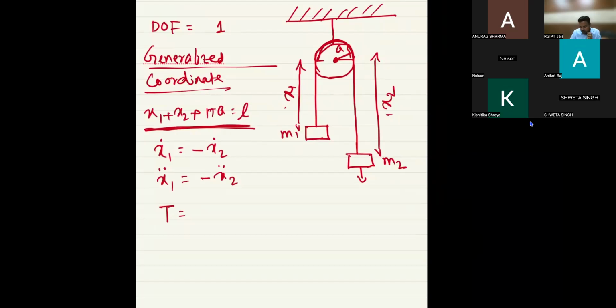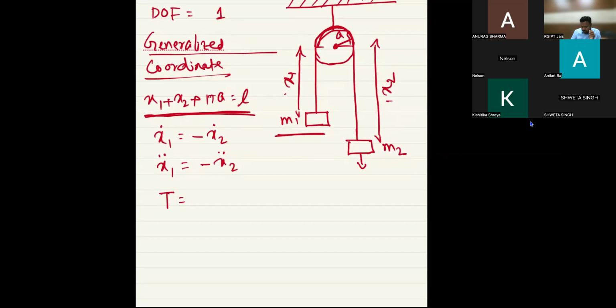So what is the velocity for the mass m1? I need some response. Sir, since they are connected with the same string, the total kinetic energy will be half m1 plus m2 times x dot square. Yes, for the mass m1, the kinetic energy is half m1 x1 dot square.